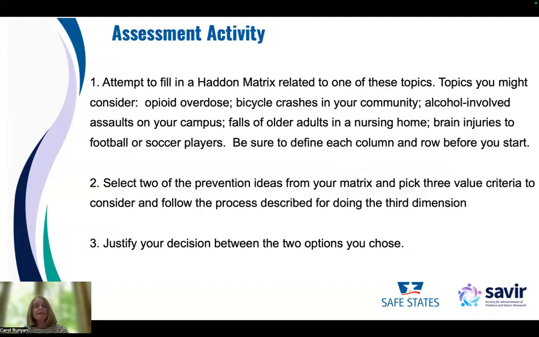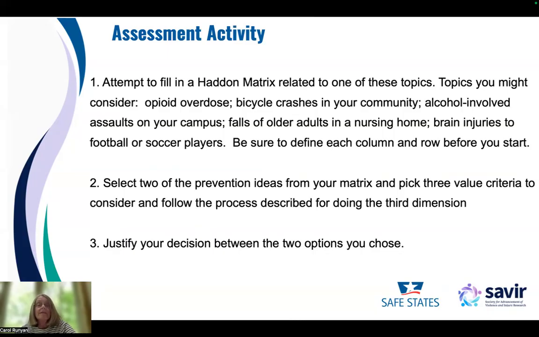But to get some practice, here's an assessment activity that your instructors may want you to do, where I would urge you to fill out a Haddon matrix related to a topic. And I gave some examples here of topics you might want to consider. Be sure to define each column and row before you start. And then select 2 prevention ideas from your matrix and pick 3 value criteria to consider.